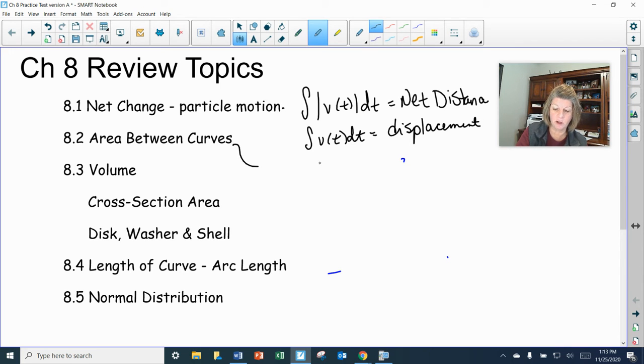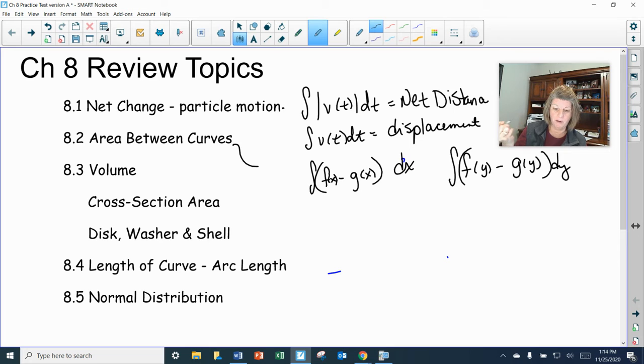Area between the curves, there, it was like f minus g. We could work in terms of x, dx. Otherwise, we can work in terms of y, right minus left. Our bounds, of course, would have to be y values.